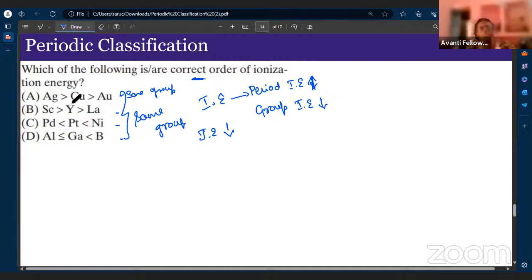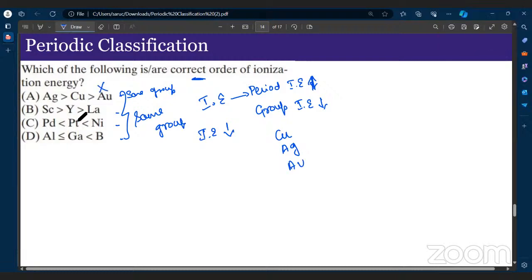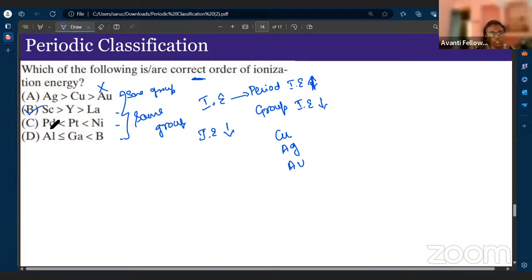So what the order should be here is copper, silver, and gold. B is right. And palladium, platinum, nickel should be nickel, palladium, platinum, so that order is wrong.